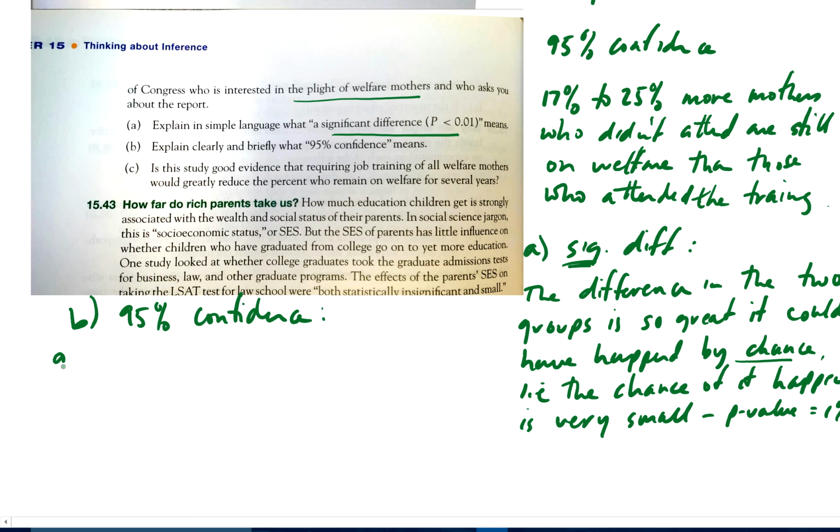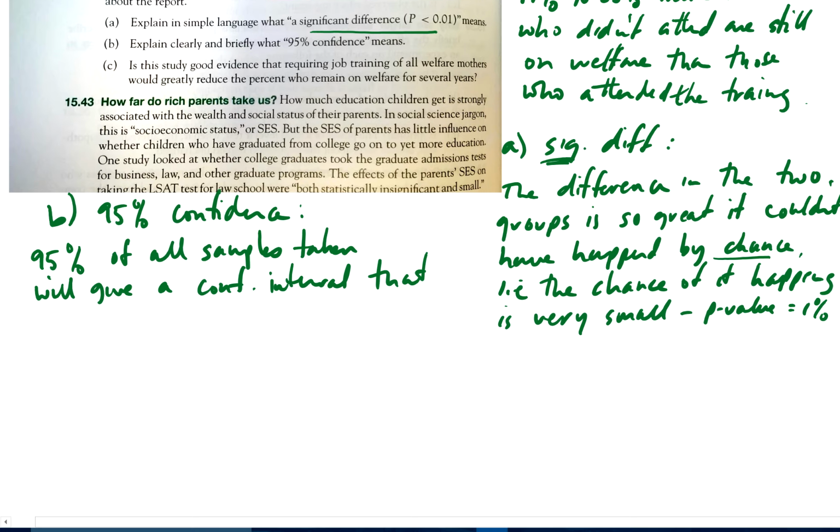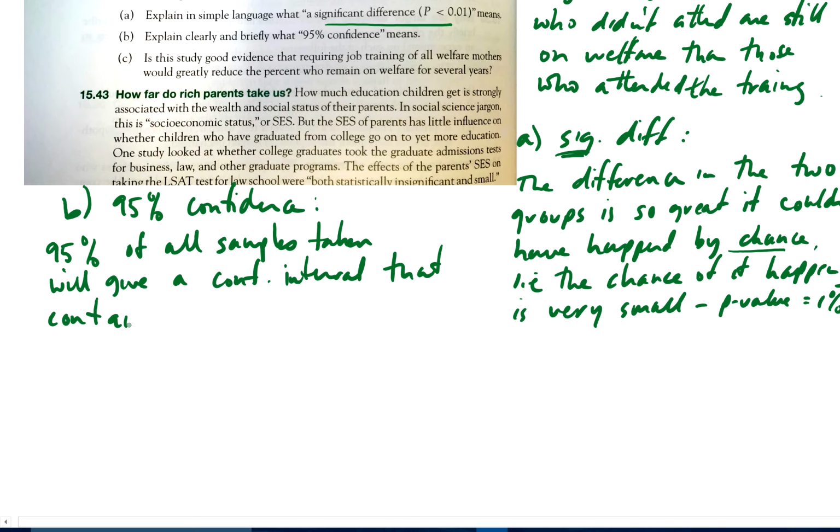That means 95% of all samples taken will give a confidence interval that contains the true population, in this case percentage. Okay, since we're talking percents in this context.